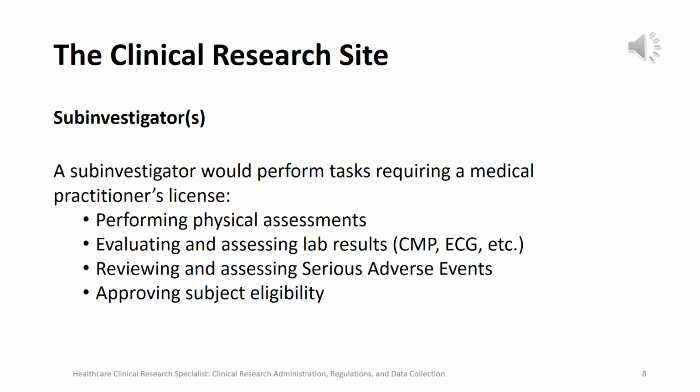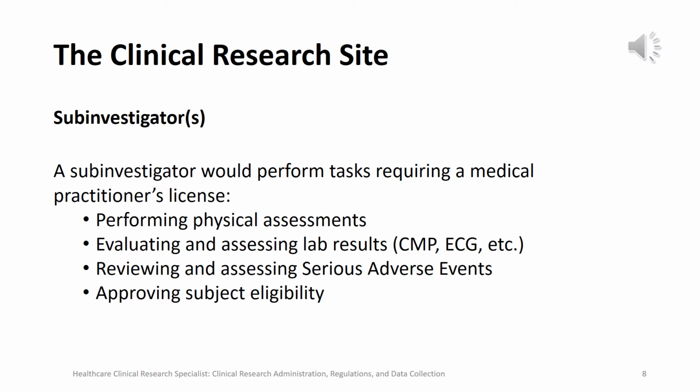Sub-investigators would perform some of the tasks that require a medical practitioner's license. These would be performing physical assessments, evaluating and assessing lab results, maybe a CMP or an ECG, or some other type of assessment.